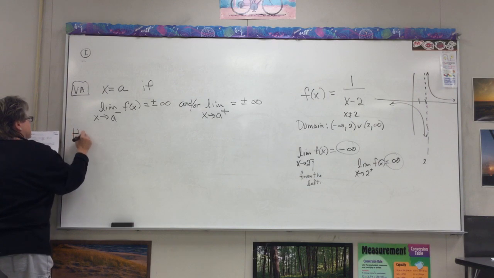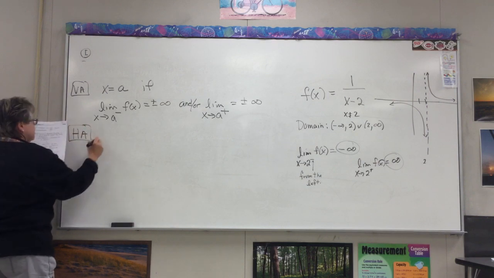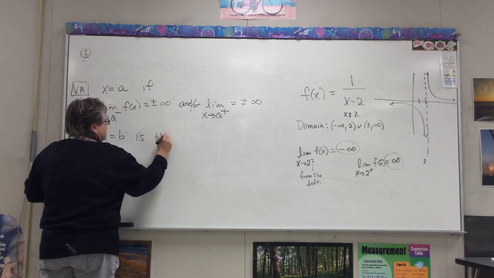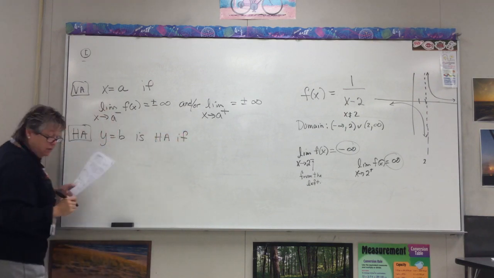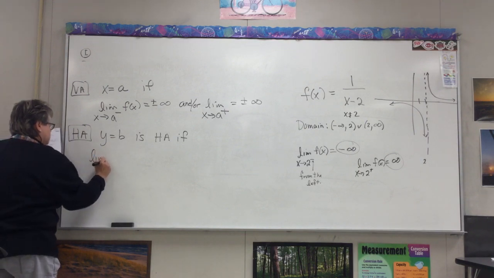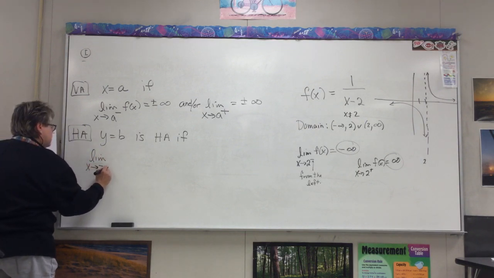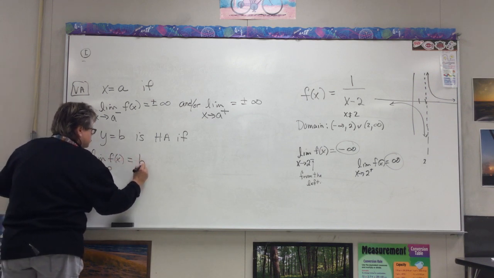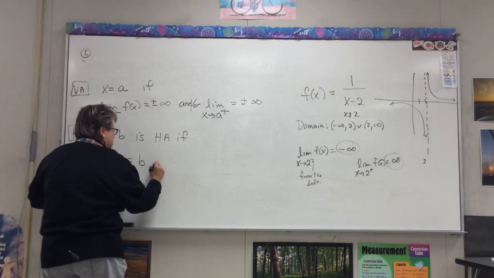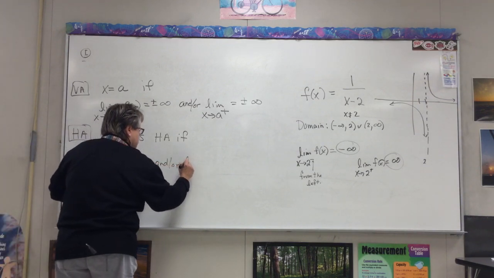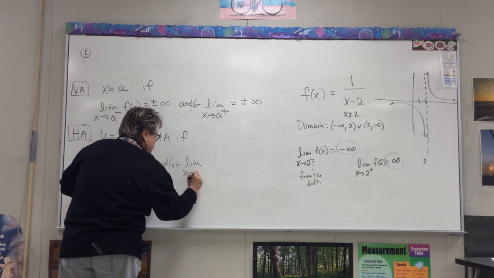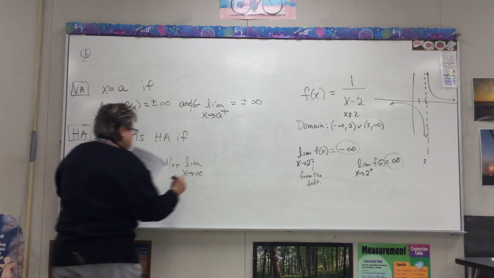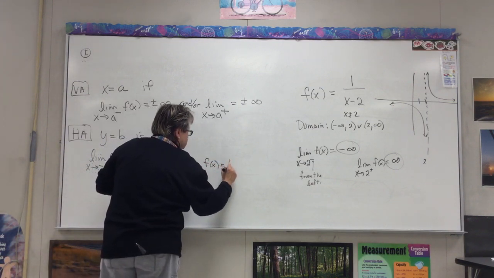The other part is an HA, okay? y equals b is going to be an HA if the limit as x approaches negative infinity for your function, whatever it is, goes to b, and/or the limit as x approaches positive infinity, so we're going out to the ends on these, for your function also goes to b.